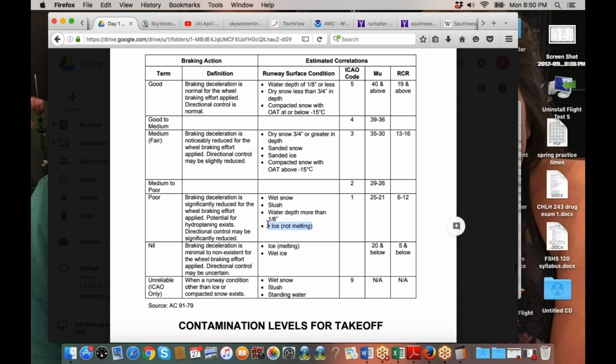So that's really big for us. And our big thing with takeoff too is that a lot of our performance comes from our weight and balance, which we talked a lot about on Friday. So these are all different things.